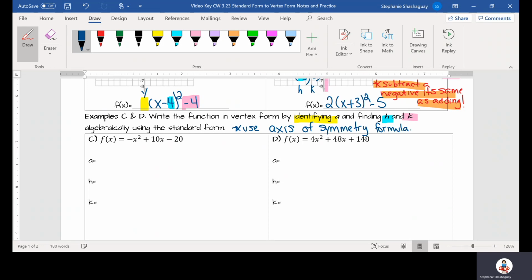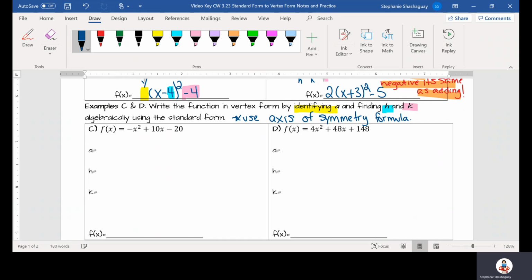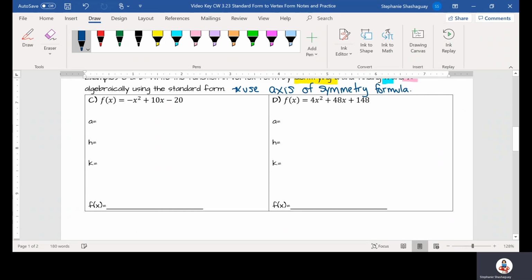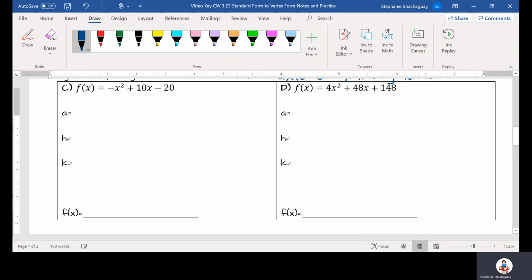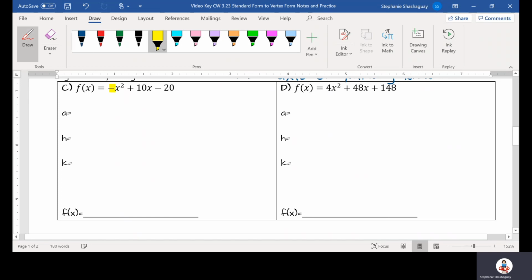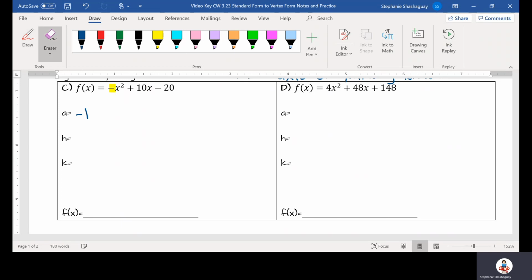Okay, so let's look at letter C. We have f of x is equal to -x squared plus 10x minus 20. My a value here is going to be -1. And to find my h value, I'm going to plug in that b term. I'll decide colors after.